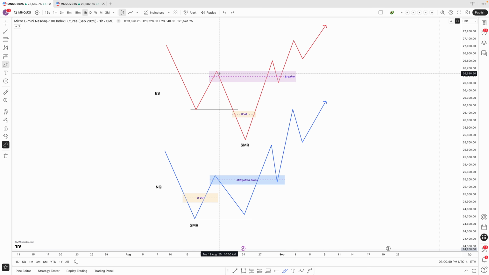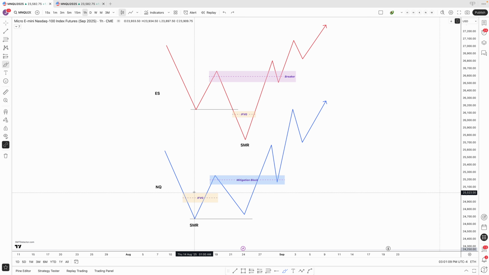Okay, and then same with ES, it can be CSD over the breaker or CSD over the IFVG, over the fair value gap. Okay, same thing here.